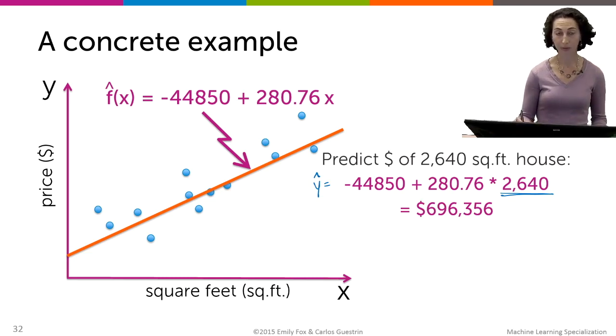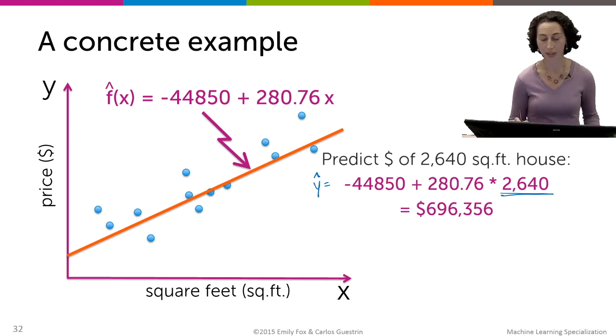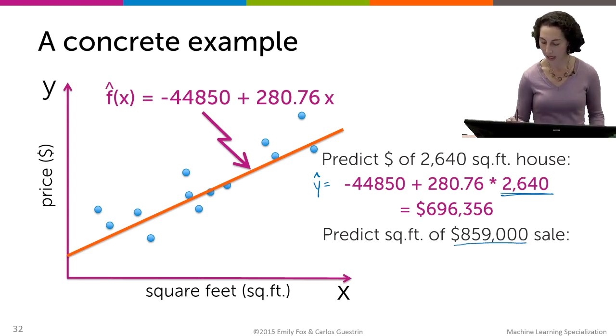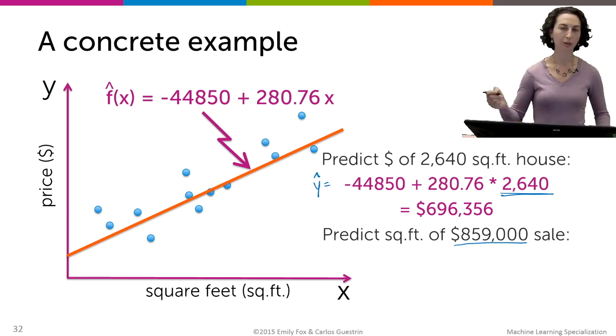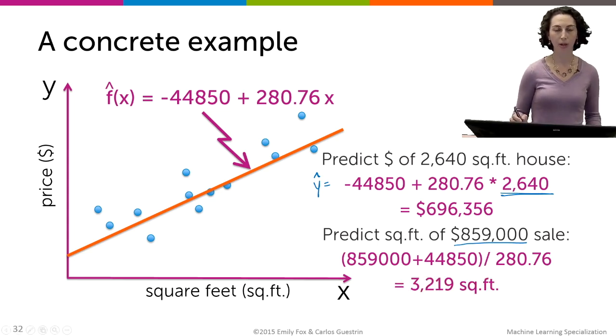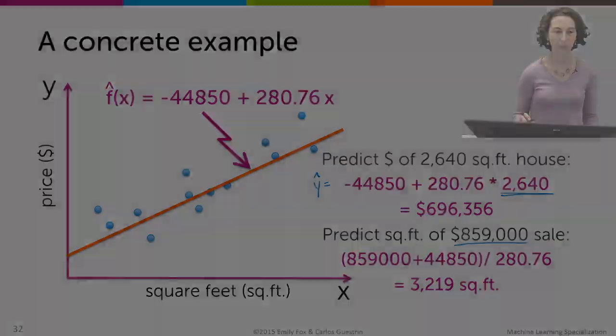And that comes out to be, if you do that calculation, $696,356. Likewise, I can say, well, I want to predict how many square feet of house I can purchase if I have $859,000 to spend on the house. So if you do this calculation, you get that you can afford a house, or you expect to buy a house that's roughly 3,219 square feet.